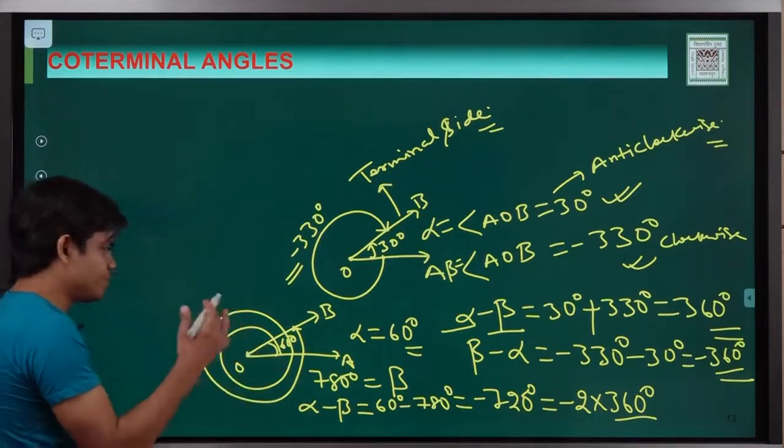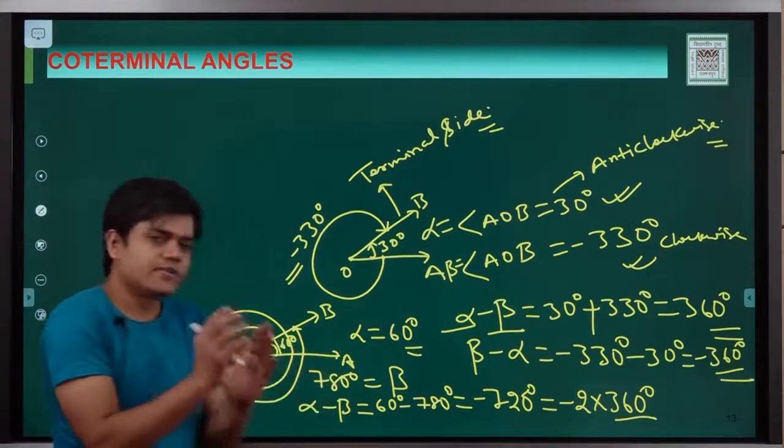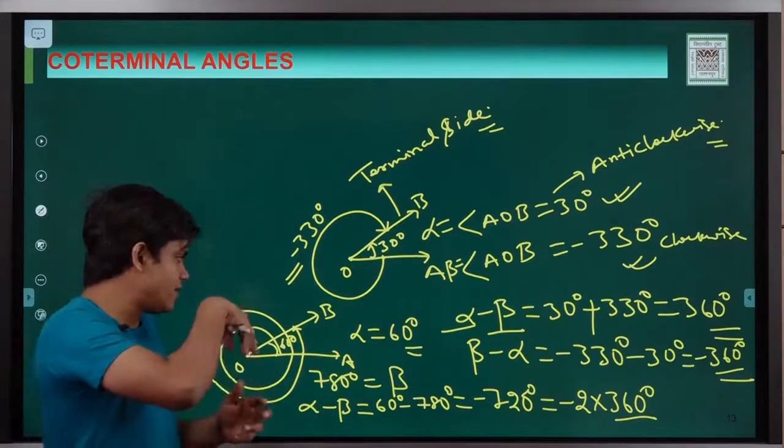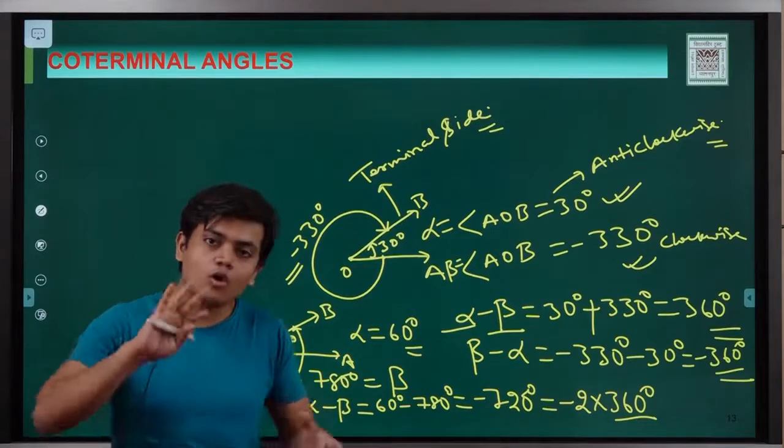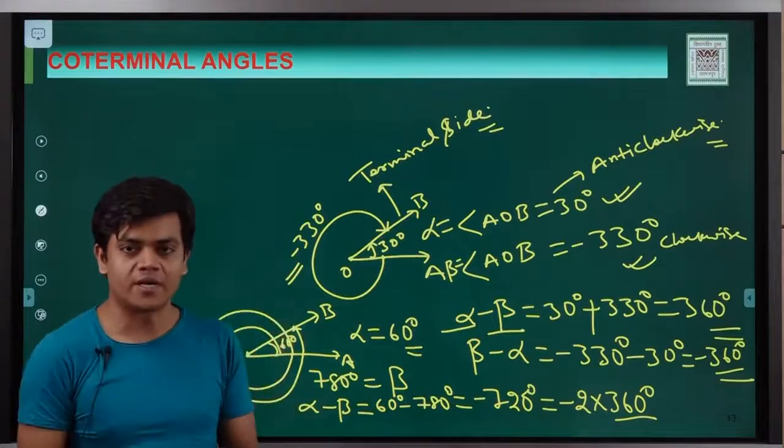So there may be infinitely many angles with a single terminal side, and all those angles are called coterminal angles.